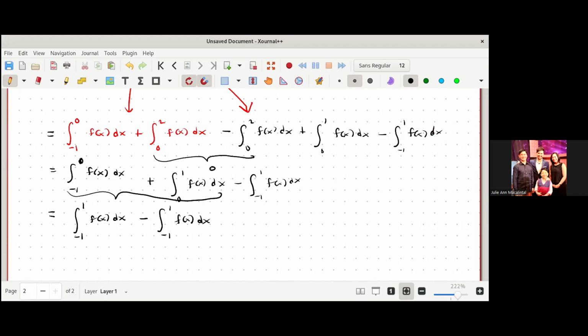So kung isusunod mo siya mas maayos, pwedeng meron kang annotation. Combine the second and the third term to get, break up the first term in two, para makita yung flow ng argument. And then dito, okay na kasi -1 to 1 minus -1 to 1, something minus itself, 0 na yan.